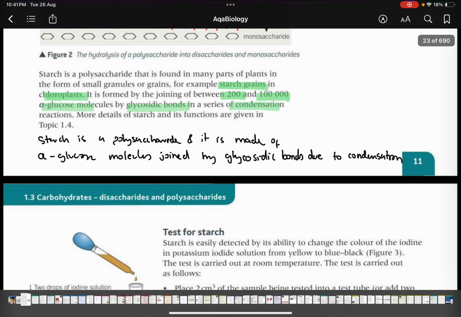It's a storage molecule. It's found in little granules and grains, specifically in the chloroplast. It is made up of many alpha-glucose molecules bound together via glycosidic bonds in processes known as condensation reactions, resulting in the loss of a water molecule. And yeah, that's pretty much it.